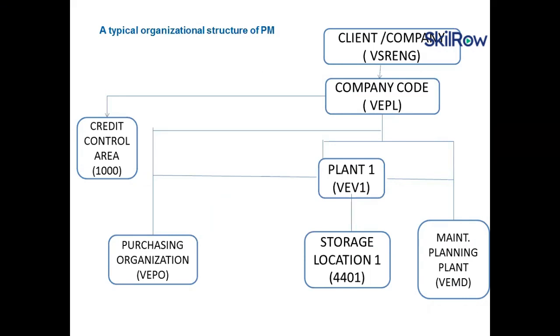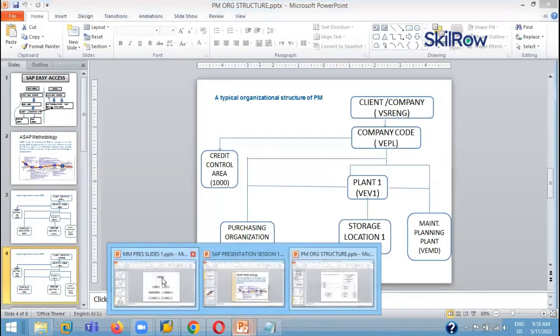Can you go back to the last slide? No, plant. What do they do in a plant? Plant is where the production, the procurement, and the maintenance. Can you go back to the last slide? One second, we'll go back to the last slide. This one.